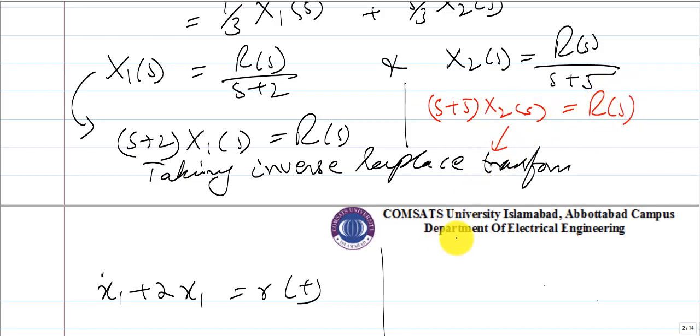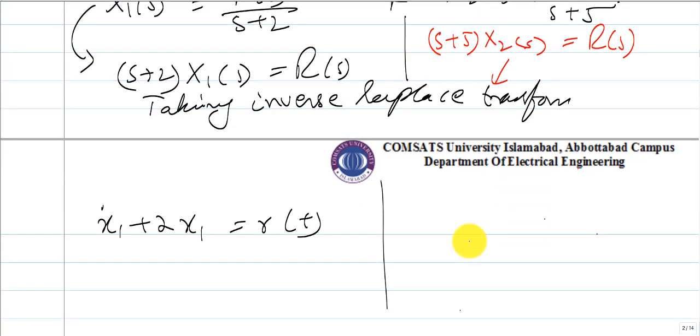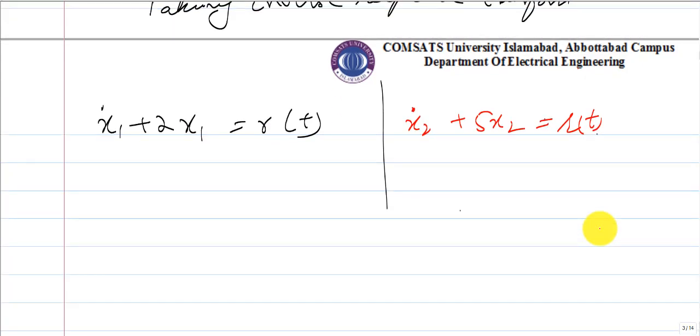Again taking the inverse Laplace transform, we get x2 dot + 5x2 = r(t). Now we have transformed these two transfer functions into two first order differential equations. We can write them in matrix form, but before that we can do one more step.